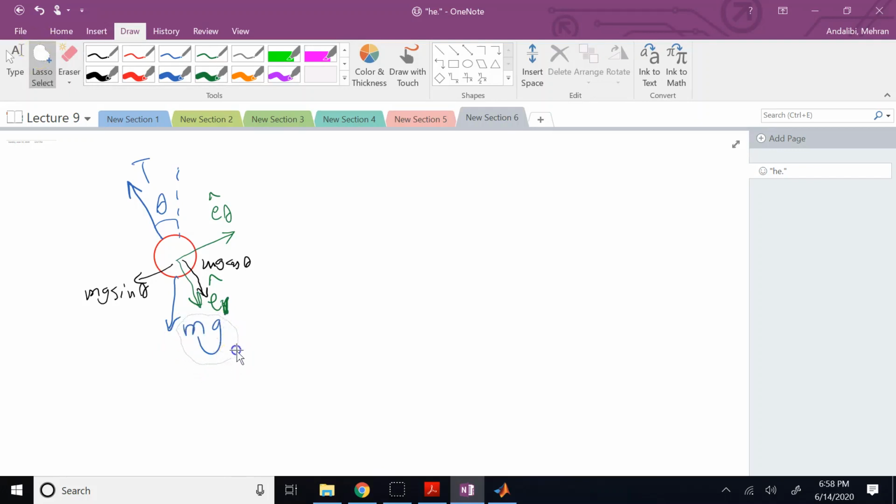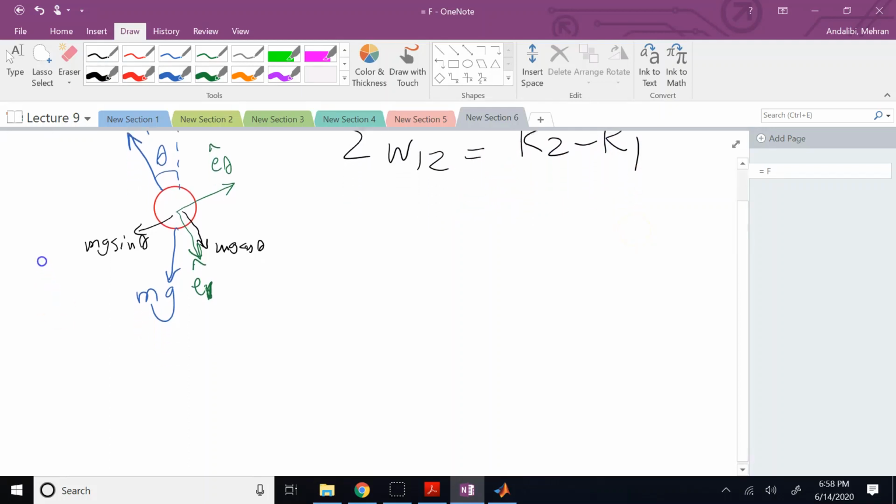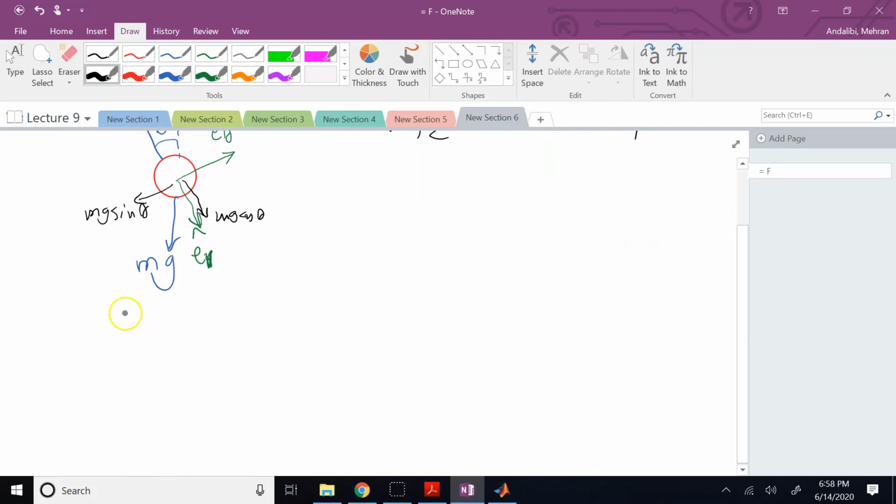And this time, let's see if I can make this a little better. Hopefully I can. Good. So this time I use the work energy method, which says sum of all work between position 1 and 2 is equal to K2 minus K1. And here I would like to show position 1 and 2.